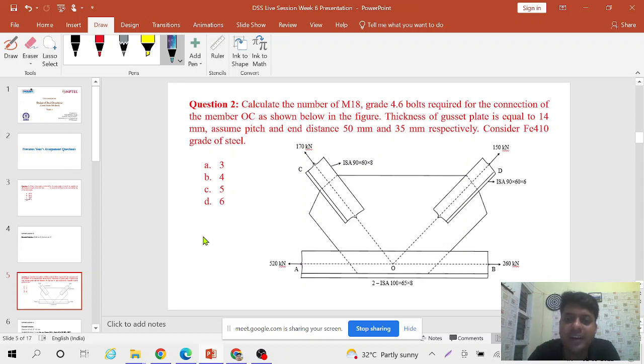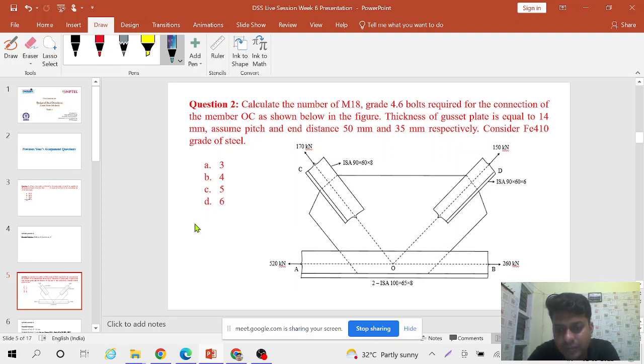How do you determine that it will be under single shear? Because in the diagram below there are two ISAs, and in the OC connection we have only one ISA. When we talk about member AB, will it be subjected to single shear, double shear or triple shear?